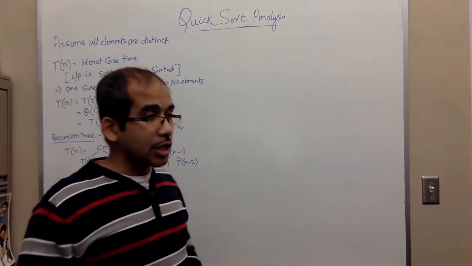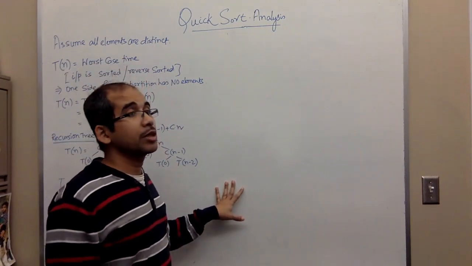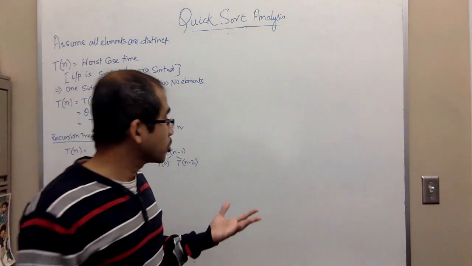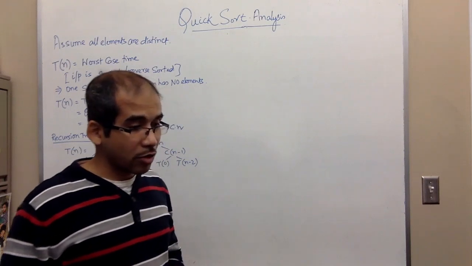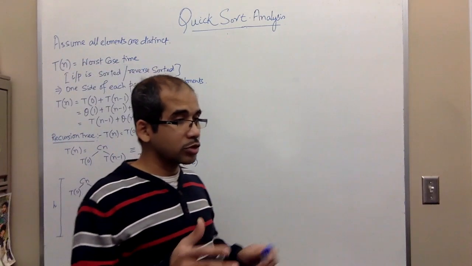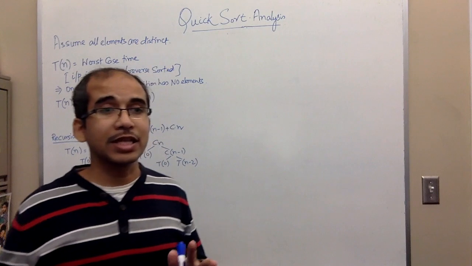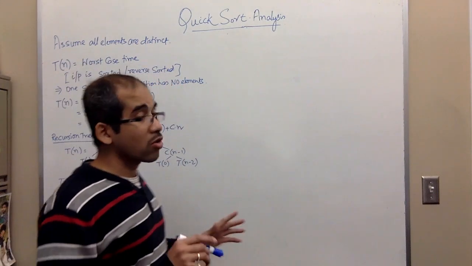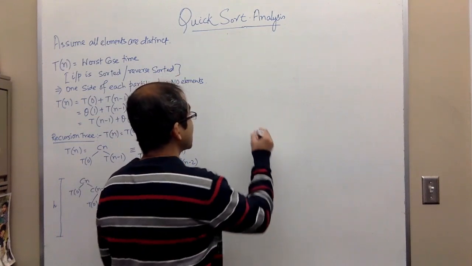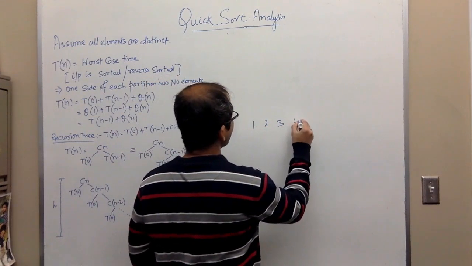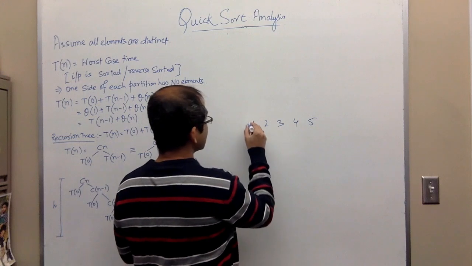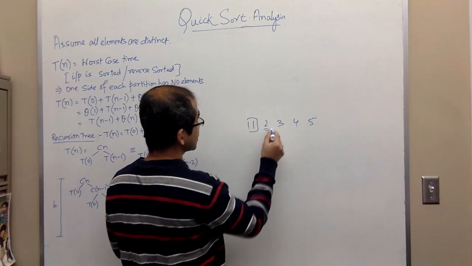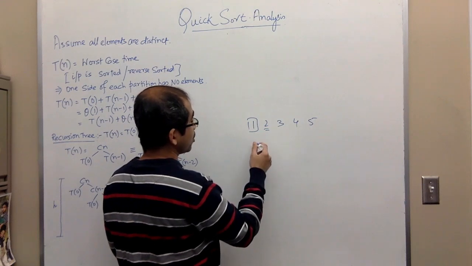So think about it. We have shown that example in the previous video. In quicksort, we do this comparison: is an element less than the pivot or greater than the pivot? Now, if we have a completely sorted sequence, like 1, 2, 3, 4, 5, and this is the pivot, we check whether each element is less than the pivot or not.